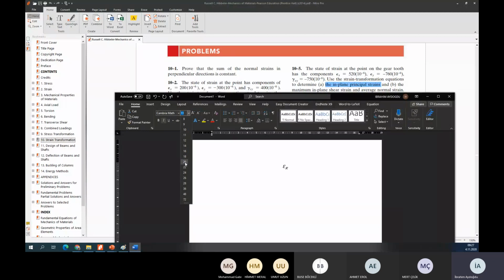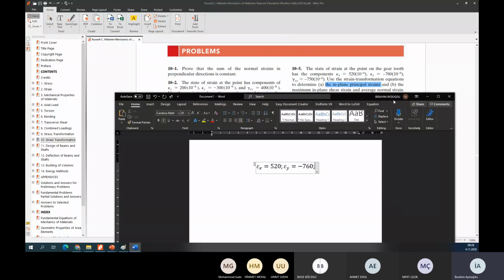I think this size is enough. Epsilon x is equal to 520 times 10 to the power minus 6, and epsilon y is equal to minus 760 times 10 to the power minus 6.